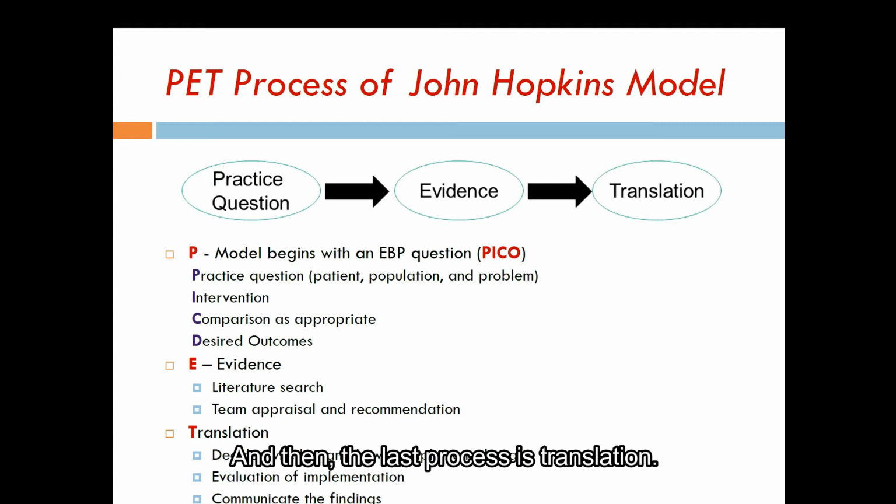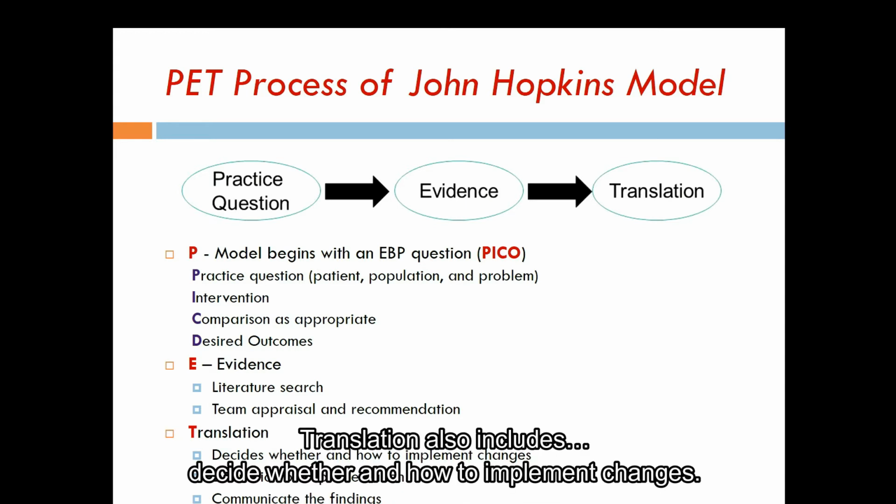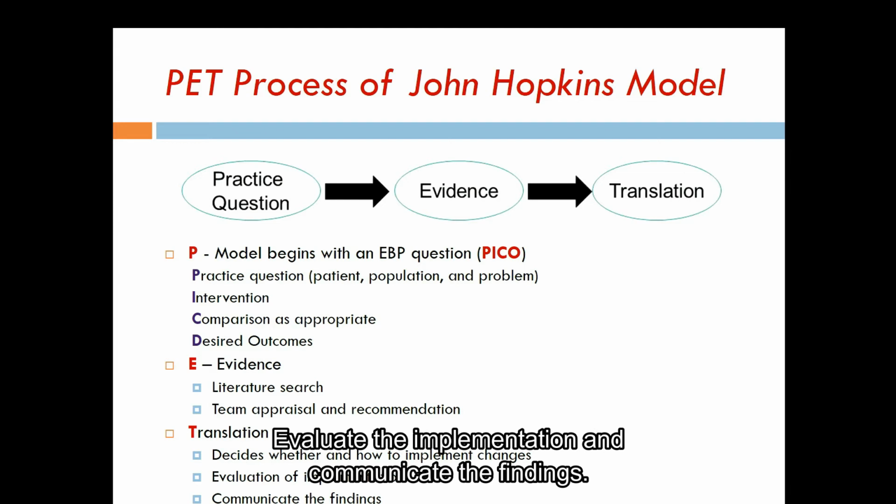And then the last process is translation. Okay, people sometimes, I think early on, people were asking, you missed the evaluation process here. But they said, we'll include it here. Translation also includes it. Decide whether and how to change, evaluate the implementation, and communicate the findings.